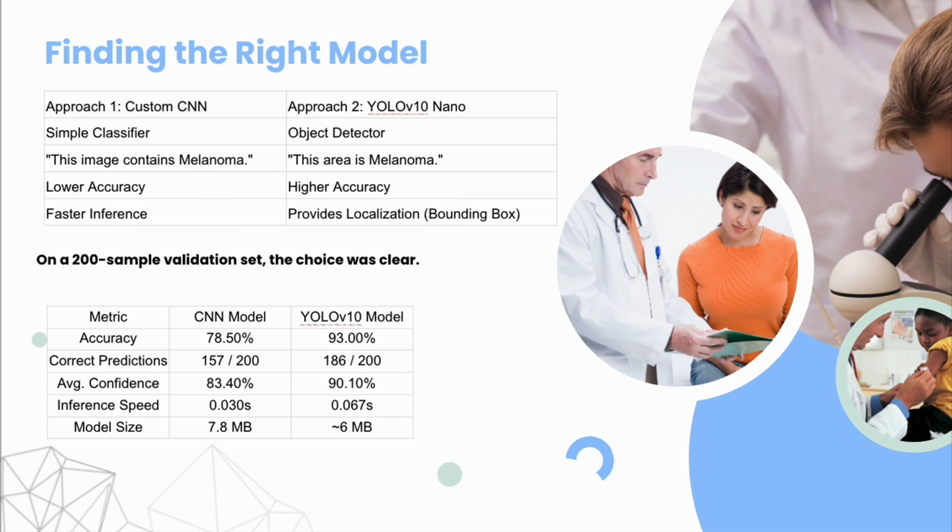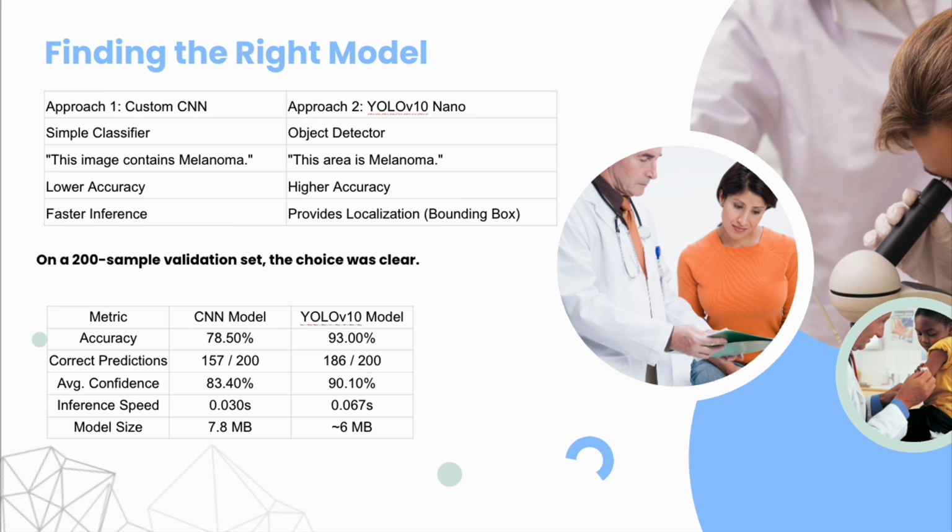We also evaluated both on a 200 sample validation set, and the results made the choice clearer. The YOLO model achieved 93% accuracy, correctly identifying 186 out of 200 samples, compared to just 78.5% for the CNN.